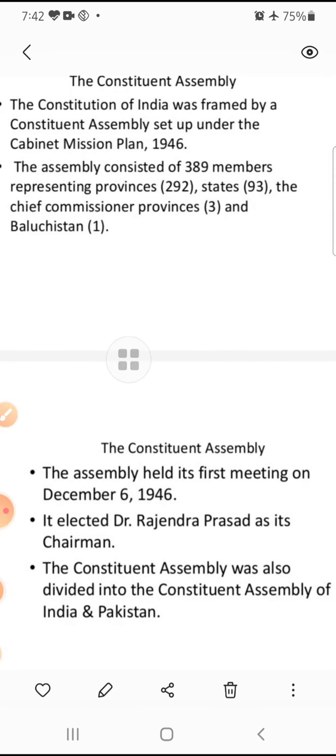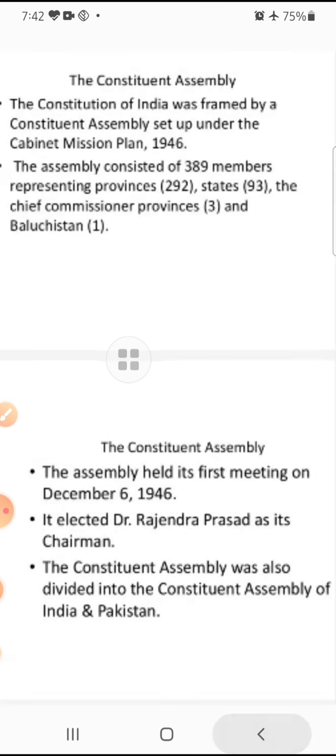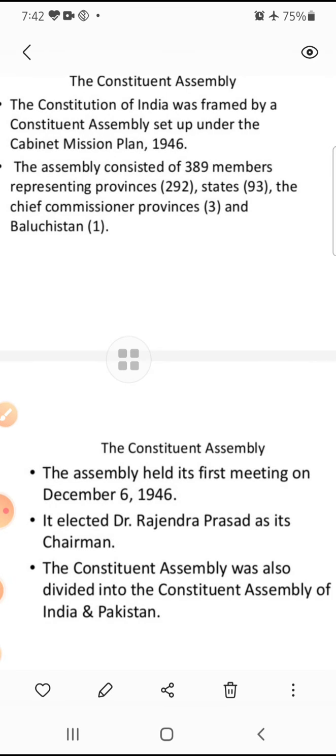Here are some facts before you. The Constituent Assembly was framed by the Constituent Assembly setup. We know that in the Cabinet Mission Plan in 1946, the Assembly consisted of 389 members representing provinces 292, states 93, the Chief Commissioner provinces and Balochistan.